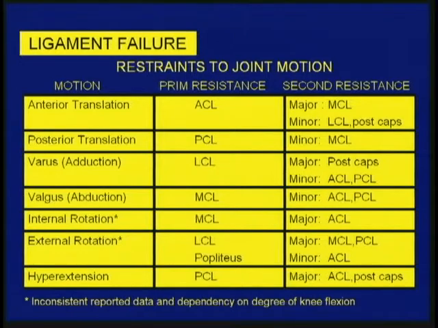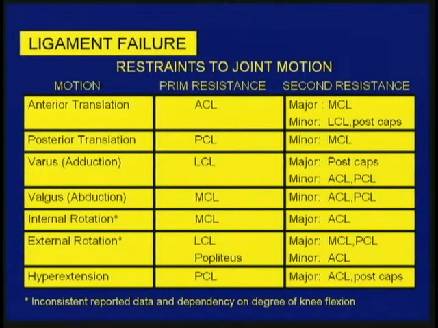This is critical information to the orthopedic surgeon and I think to the radiologist, because if you can predict the motion based upon clues on the MR image, then you know that the first structure to fail will be the primary restraint, and then if it is a severe abnormal motion, one or more of the secondary restraints will fail.